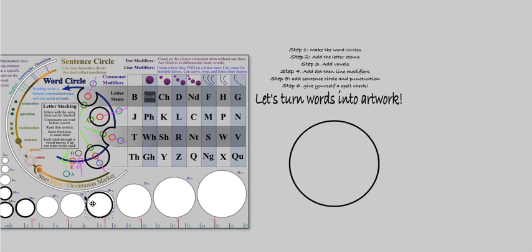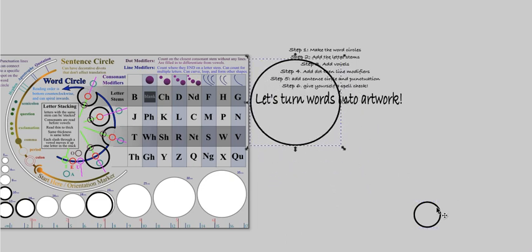So let's go ahead and do an example word. We're going to put this here, and we're going to write the word strength. S-T-R-E-N-G-T-H. So we could do the word strength with an S, a T, an R, an E, an N, a G, a T, and an H, which I will show really quick.